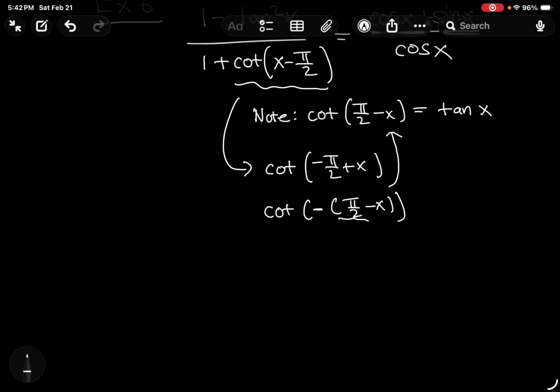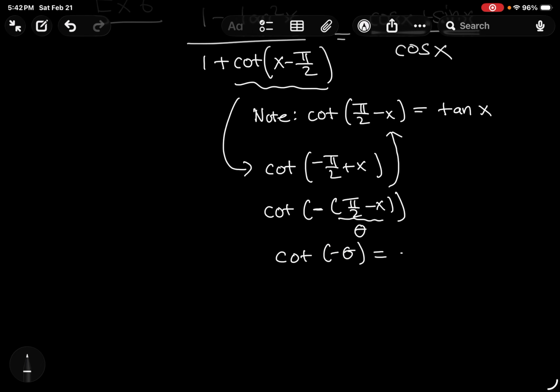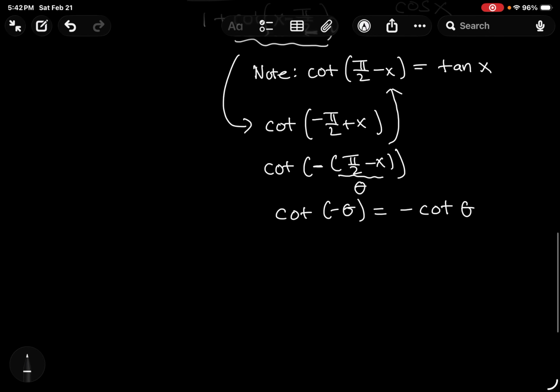Okay, just for another visualization hint, if I call this pi over 2 minus x, call it theta, this will be cotangent of negative theta. Now, cotangent of negative theta is another one of your identities. That's simply the negative of cotangent of theta. And what was theta again?